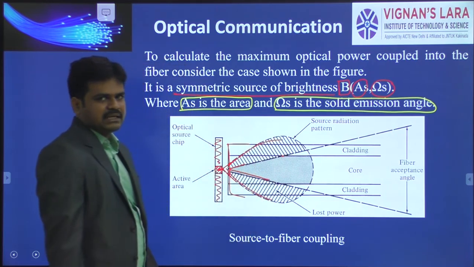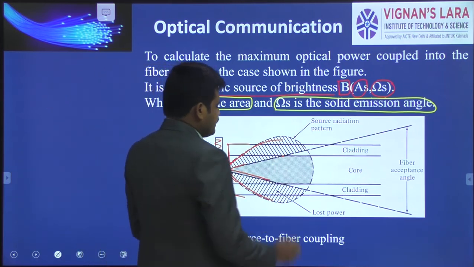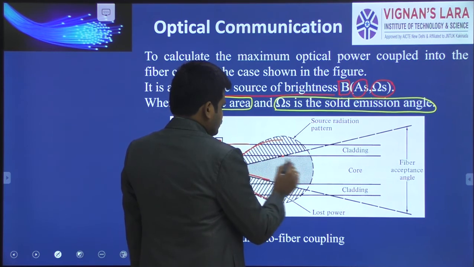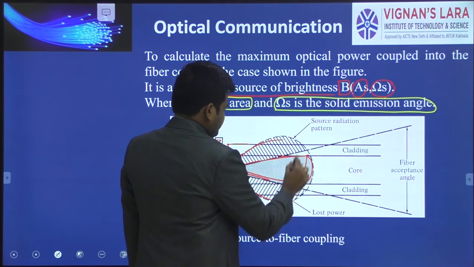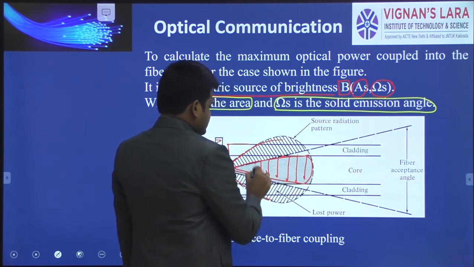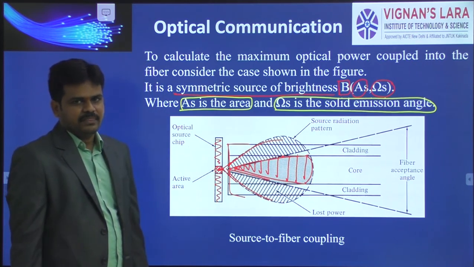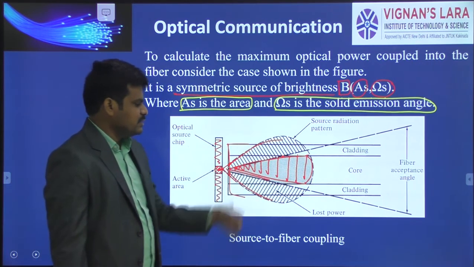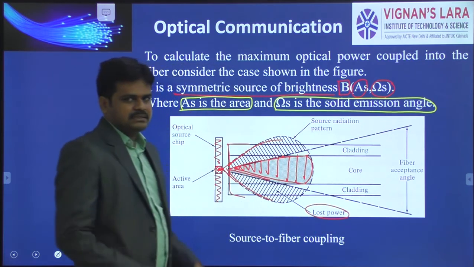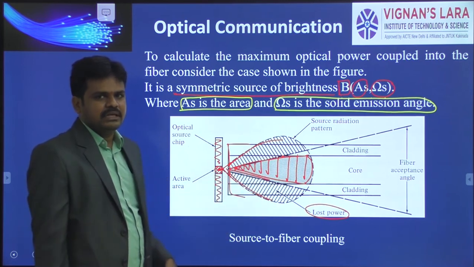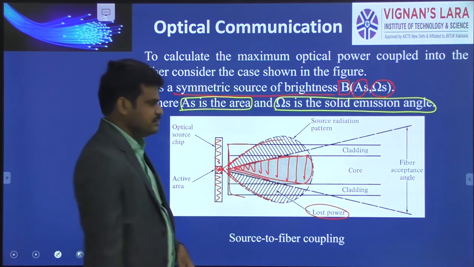The amount of light which is radiated into the core is generally considered as the optical power to be transmitted. What about the remaining power? Remaining power, that is the power distributed outside the core or into the clad, is considered as lost power.